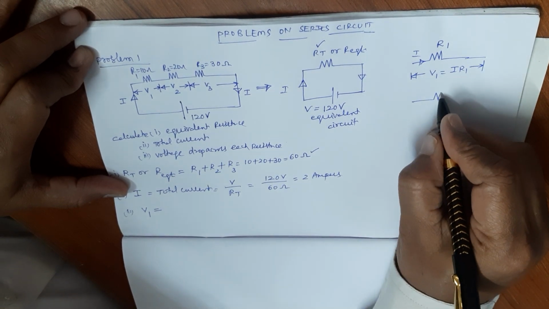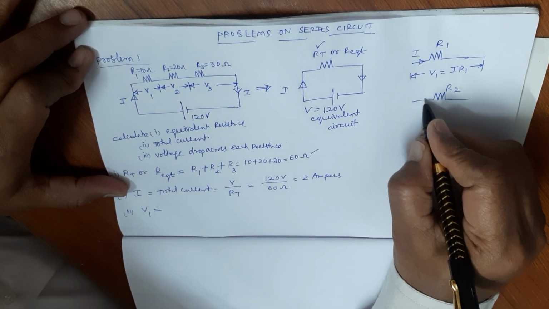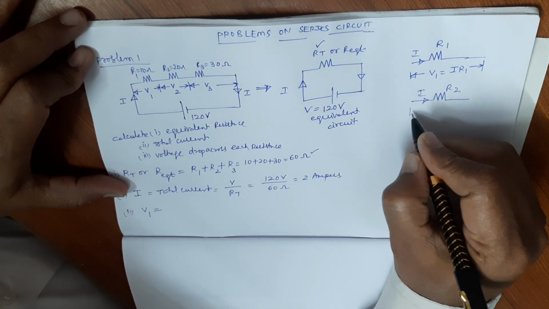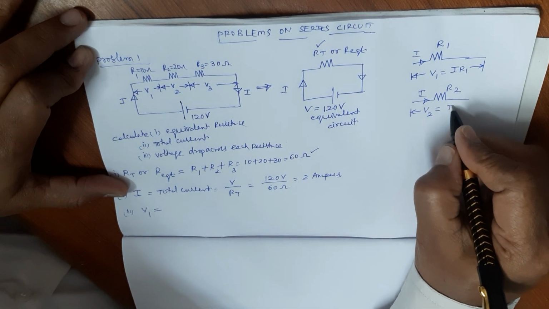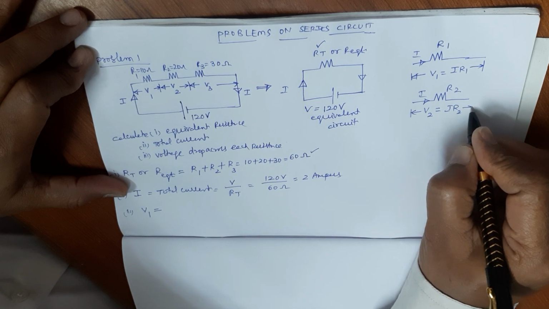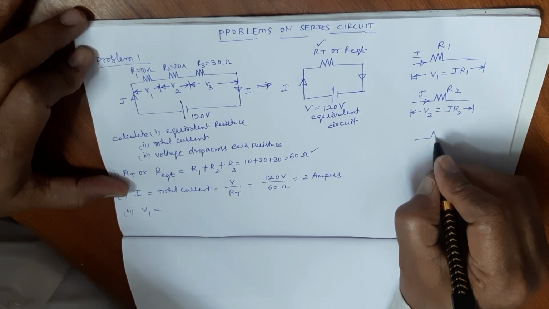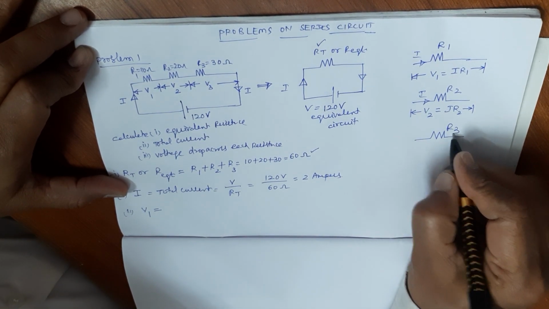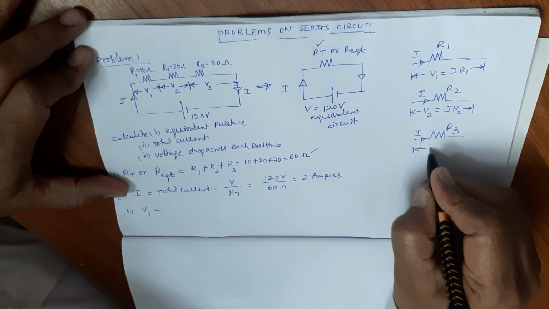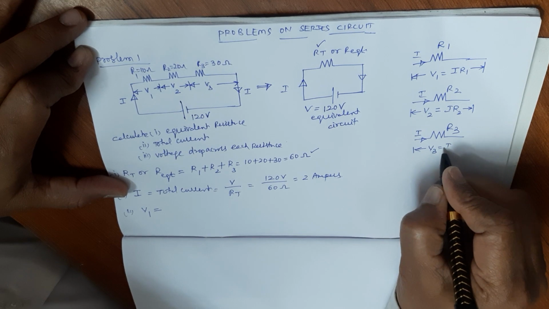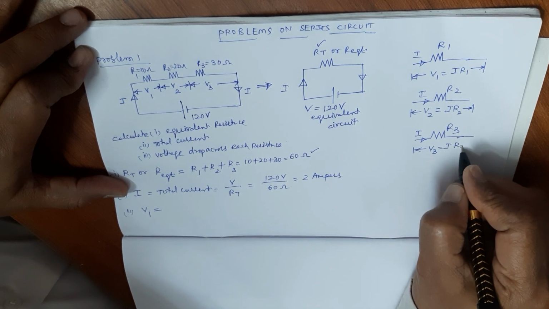Similarly, in the second resistance R2, again the current is I. The voltage drop across this resistance is V2 equal to I into R2. Similarly, in the third resistance R3, the flow of current is I. Therefore, V3 equal to I multiplied by R3.